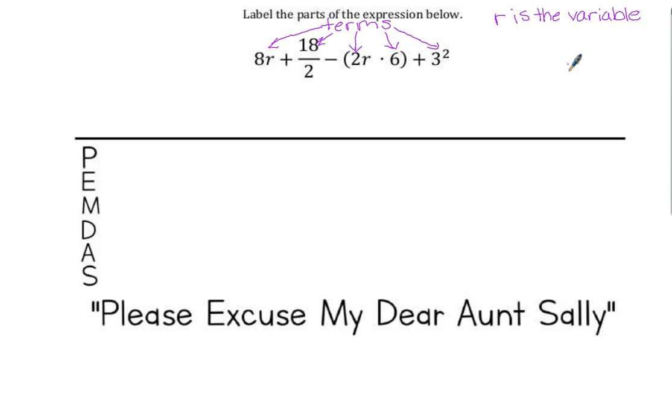The next thing we have are constants. And a constant is a term that does not contain a variable. So do we have any constants? Well, we have 18 and 2.